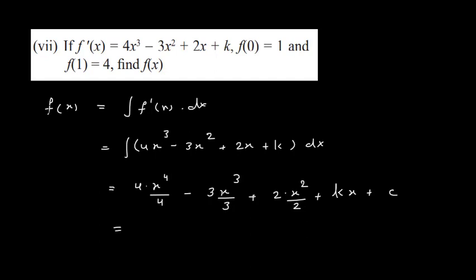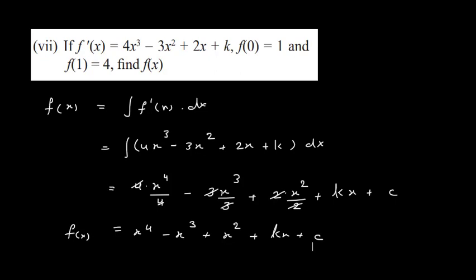This you simplify further. So this 4 4, this 3 3, this 2 2 will cancel. So you will say that your f(x) is x power 4 minus x cube plus x square plus kx plus c.